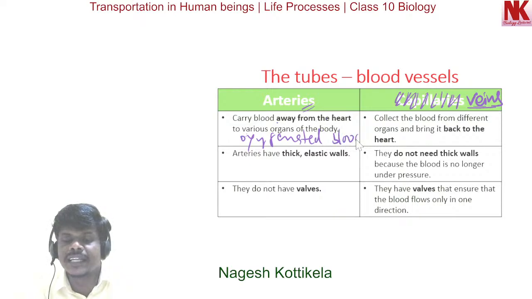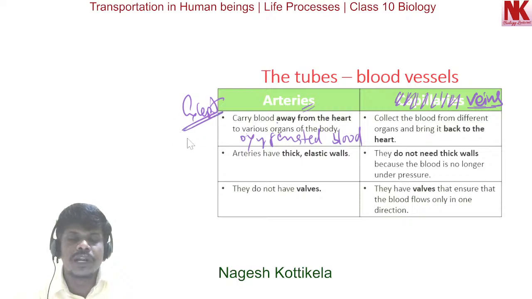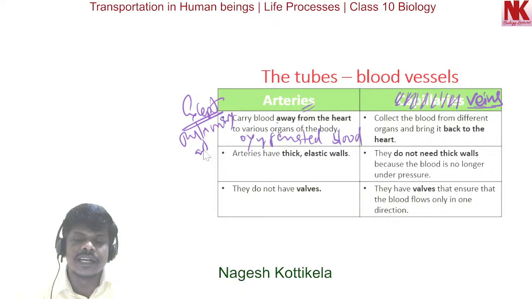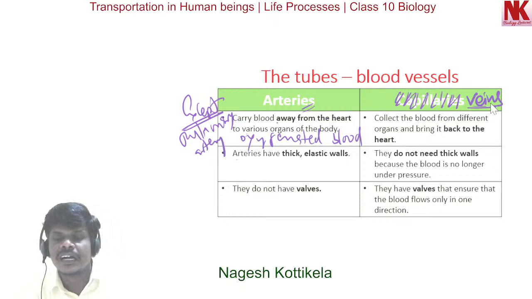But there is an exception: the pulmonary artery, which carries deoxygenated blood. Veins collect the blood from different organs and bring it back to the heart.